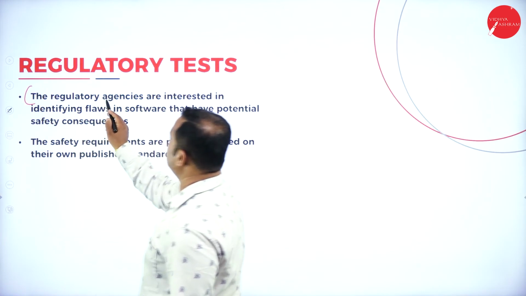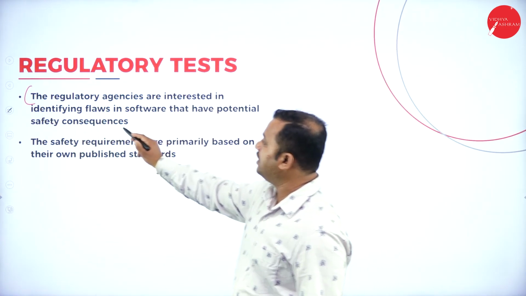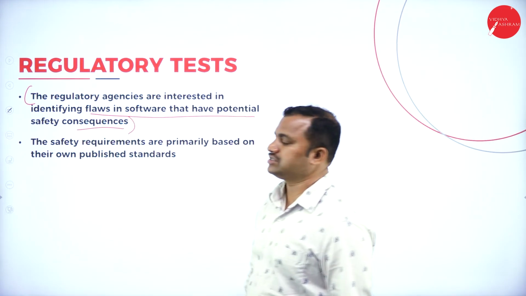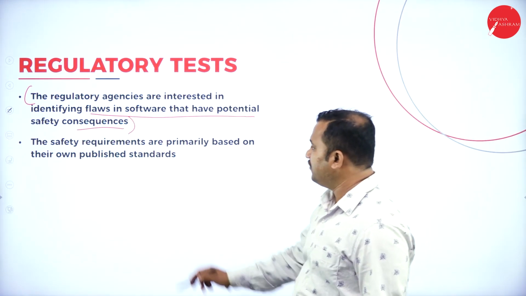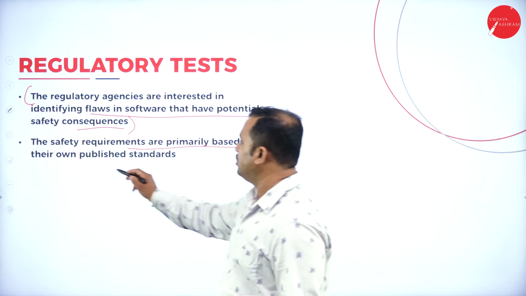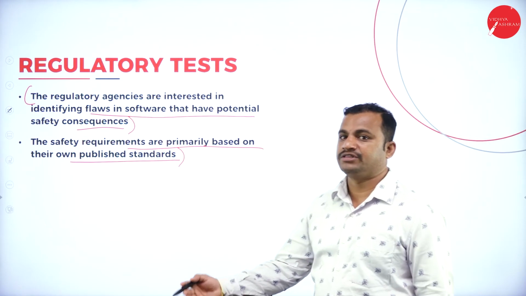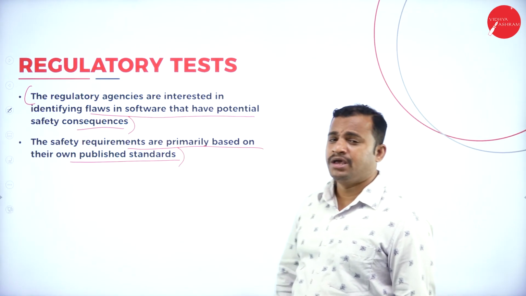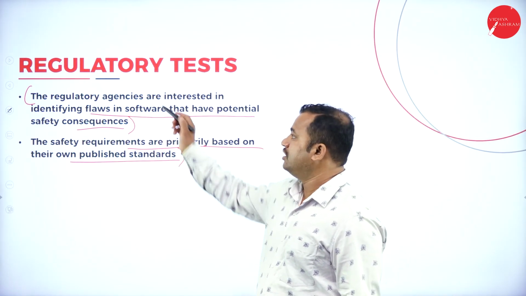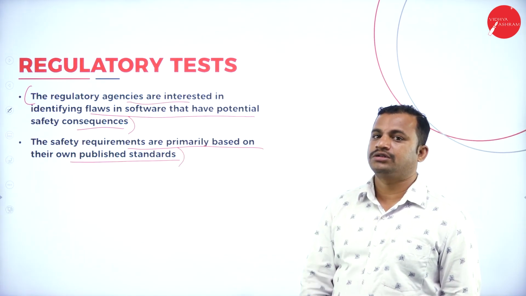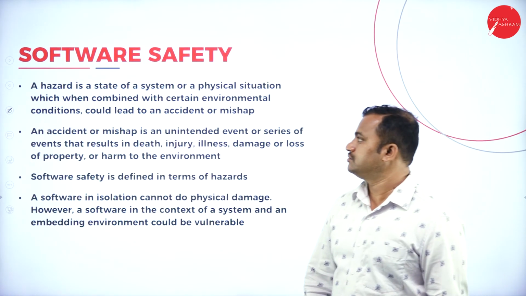See here, the regulatory agencies are interested in identifying flaws in software that have potential safety consequences. The safety requirements are primarily based on their own published standards, because each and every company has its own standards. The product has to be developed according to the minimum standards the agencies specify, so that a quality product is delivered to the stakeholders.